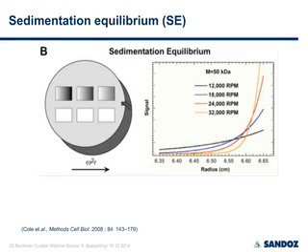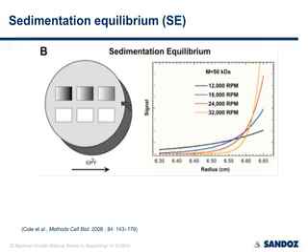In those kind of experiments, you do not pellet your protein at the bottom of the cell in a sector-shaped double centerpiece, like I showed you in the very beginning, but you use 6-channel centerpieces with 3 sample compartments and 3 buffer compartments, and centrifuge it at a series of lower speeds until the solution comes into equilibrium between the sedimenting force acting towards the bottom and the buoyant force or the diffusion force acting towards the meniscus of the cell.